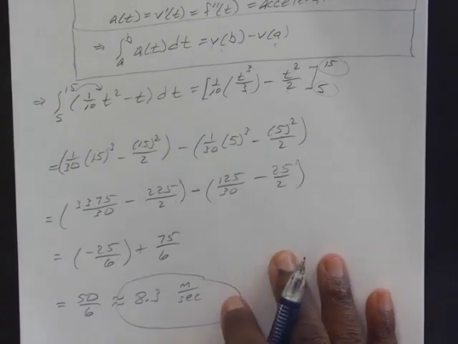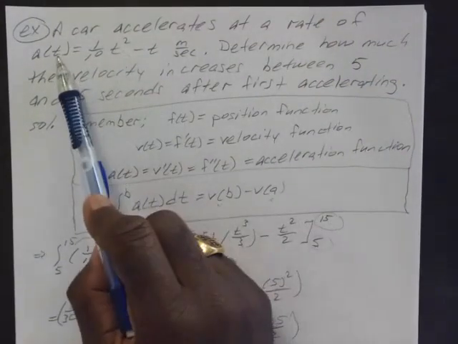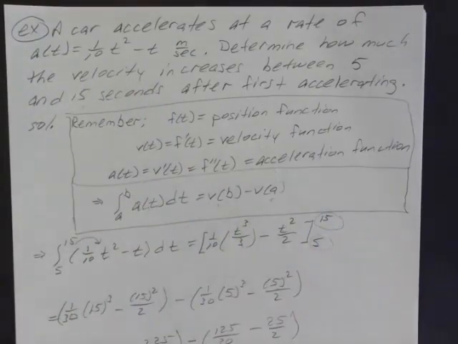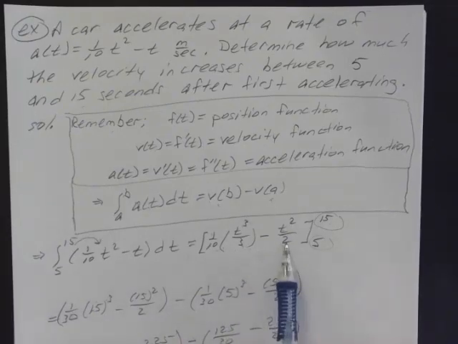Okay, so sometimes they may even say, if they give you the acceleration function, if they ask you to find the net displacement, then you actually have to integrate this twice. You'd have to integrate it till you find your velocity function. Then you have to integrate this again to find your position function.